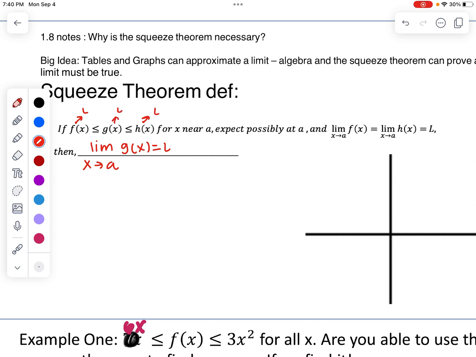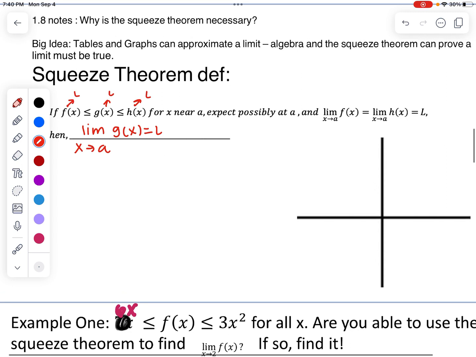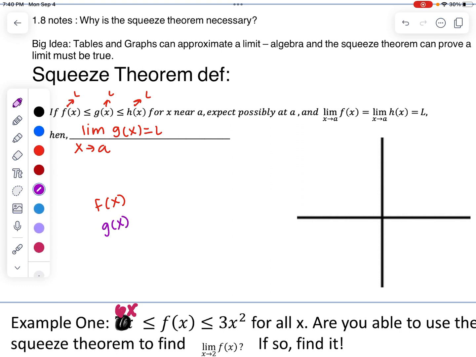I'll give you kind of a physical example. So I'm going to make f of x red over here. I'll make g of x purple, and then I'll make h of x blue. So in this illustration over here, we're going to approach a, and then we're told that the limit of all of these things is L. So let's look at f of x first.